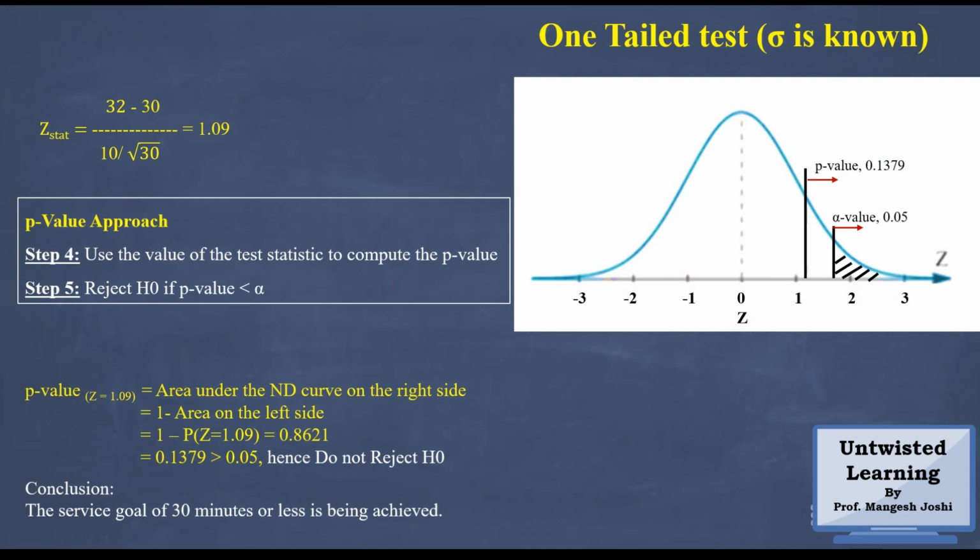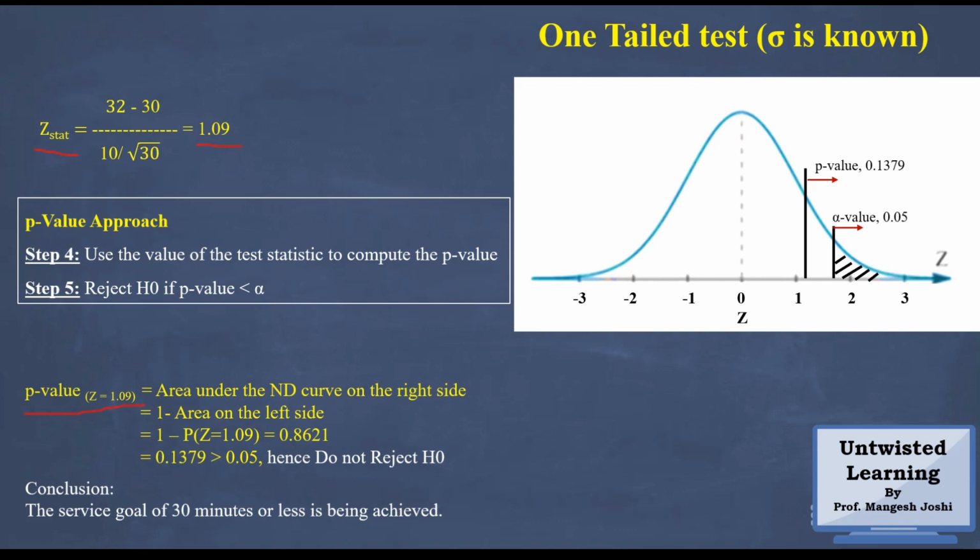Using the formula of the Z statistic, we have calculated the value, that is 1.09. Then using the p-value approach, we have to calculate the p-value at Z equal to 1.09. So this is a Z distribution curve. So we have to check.